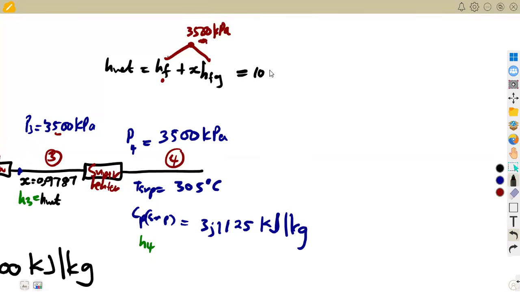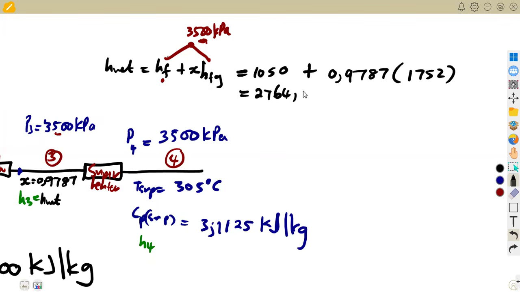So that means we've got 1050 plus x, which is our dryness fraction of 0.9787 times hfg. We saw that it was 1752. So we combine this, we are going to obtain 2764.982 kilojoules per kilogram.